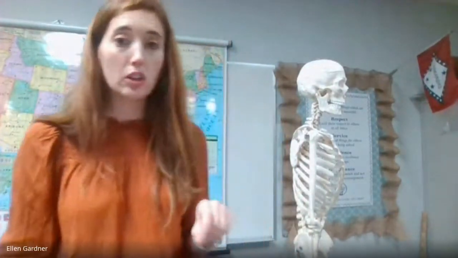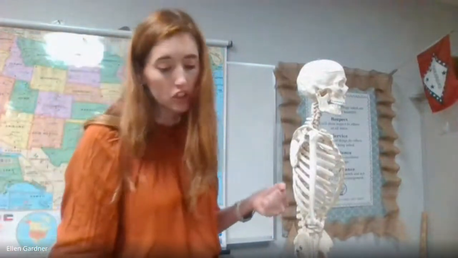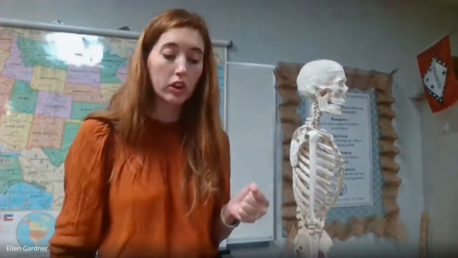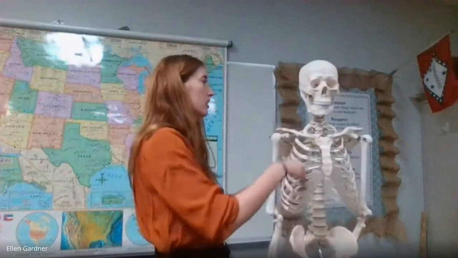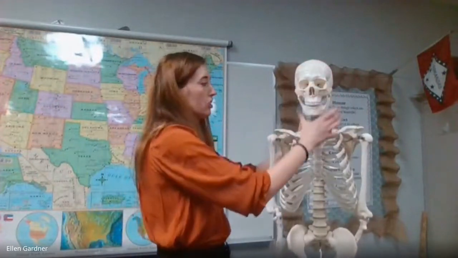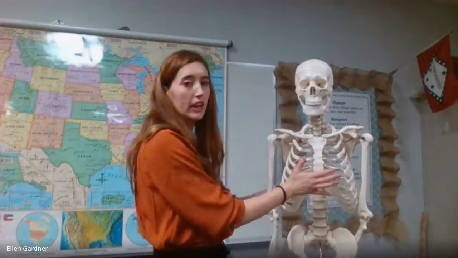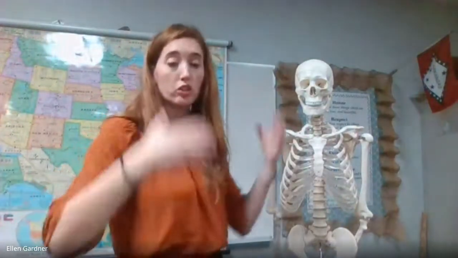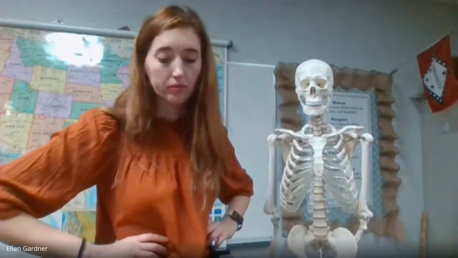These bones support the axis or the center of the body and protect the organs of the torso and the head. So basically, it's protecting those important organs right here, and it's like your torso, your main body.